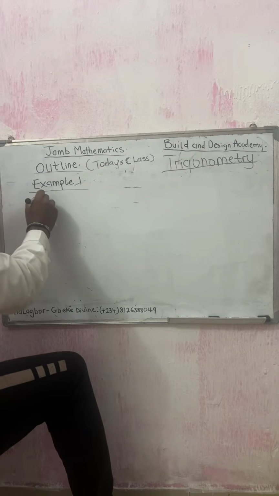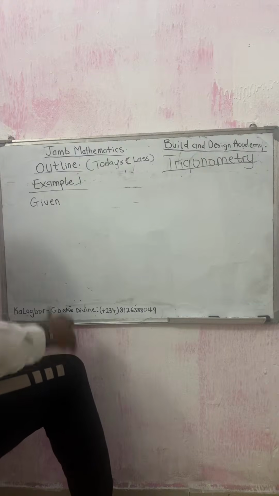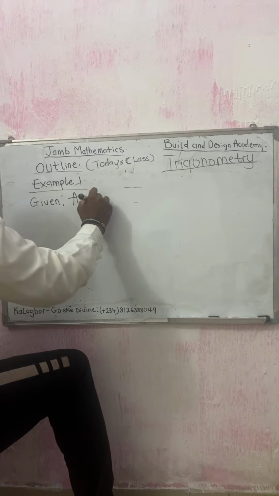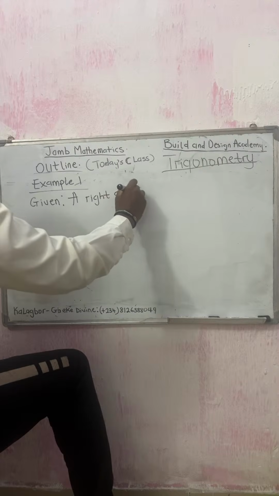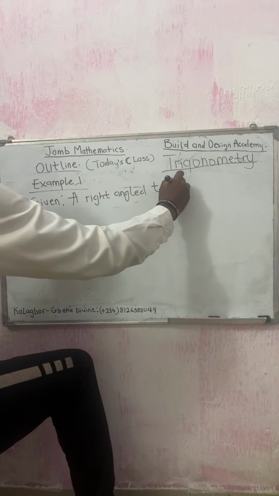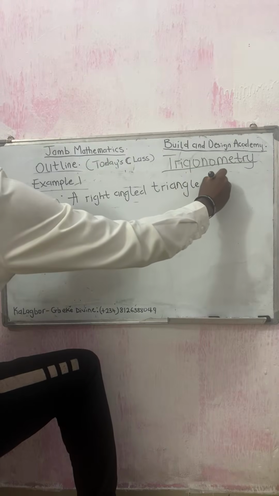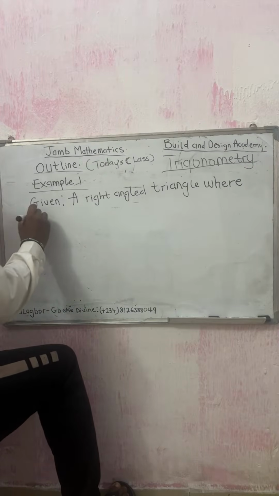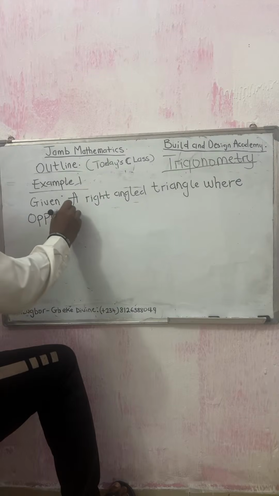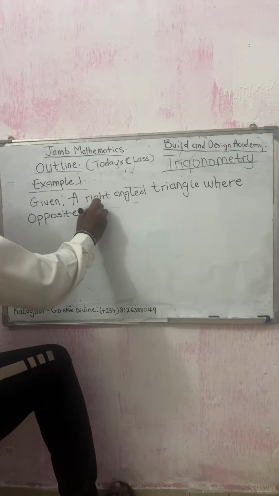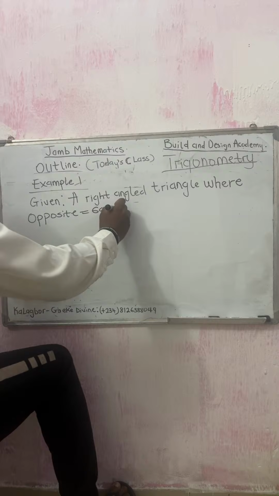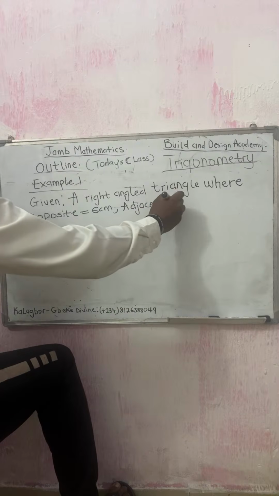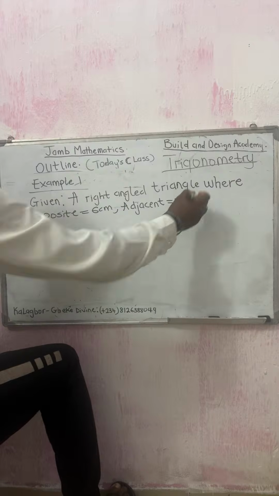So given a right angle triangle where opposite is equals to 6 cm and adjacent is equals to 8 cm.